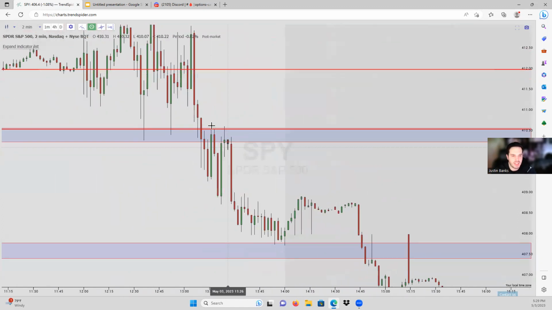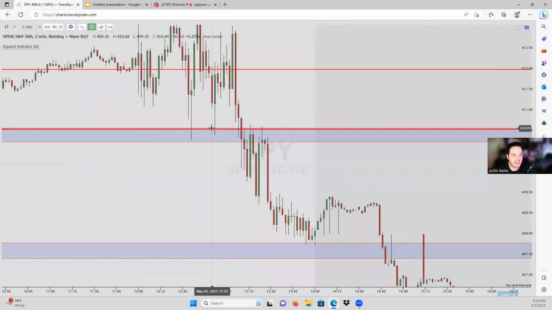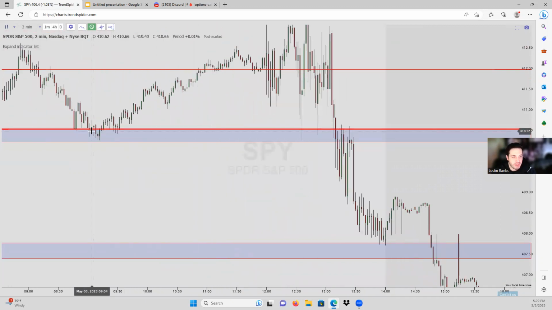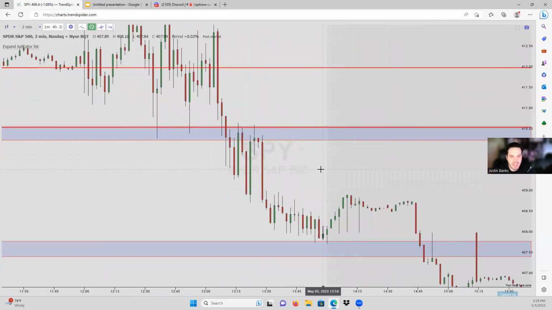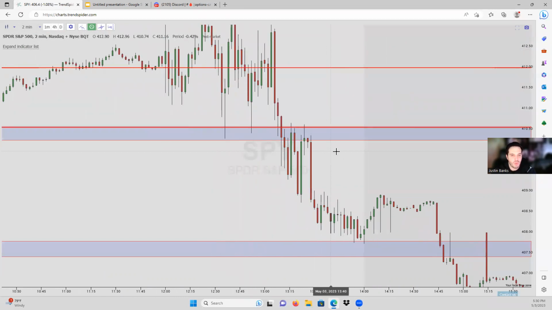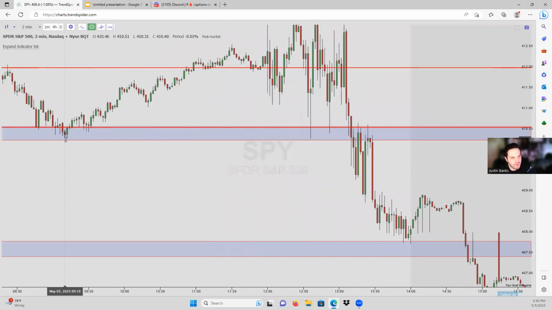And once we saw that we were getting weak and we could not break back above, pretty much failing the low of the day here, is when we could have taken puts, right? And this is when we actually took puts. So why do we take this? 410 major level. We were getting very weak and we failed the low of the day here, which was a pretty big demand.